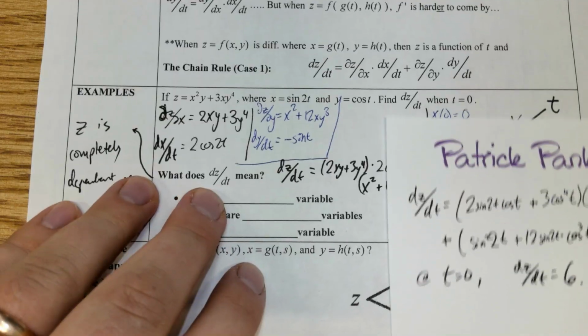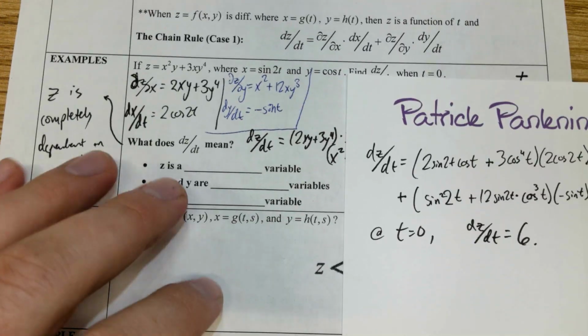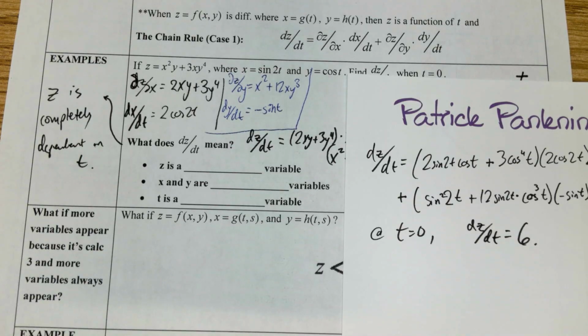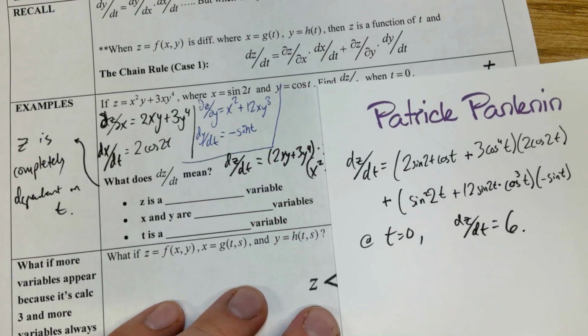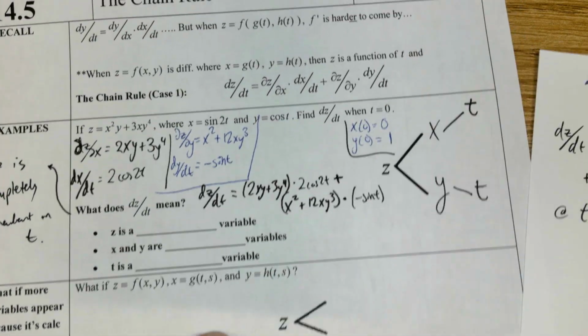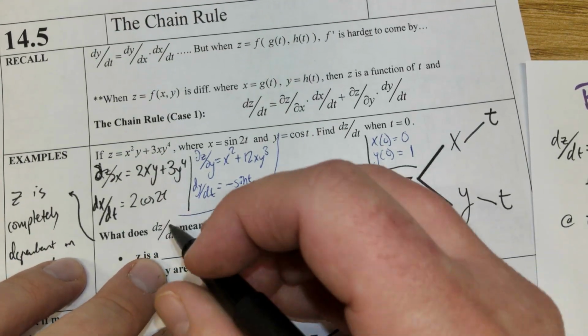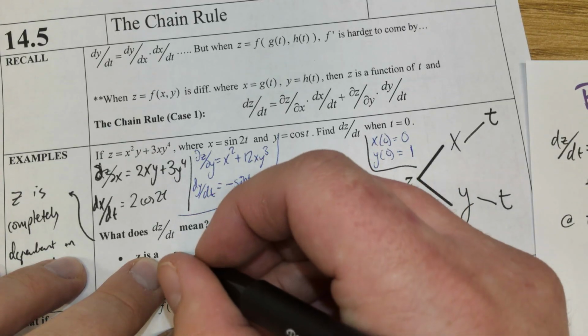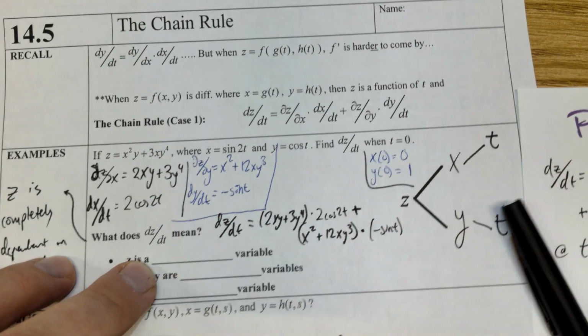All right. So with this in mind, with the lack of space to write that, because we have so many great examples to do today, we have this concept where z is the completely dependent variable.